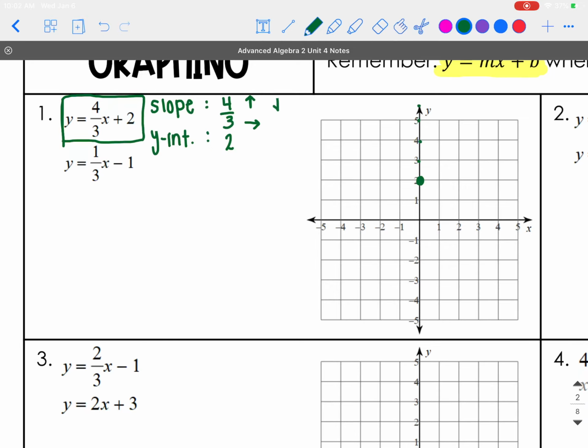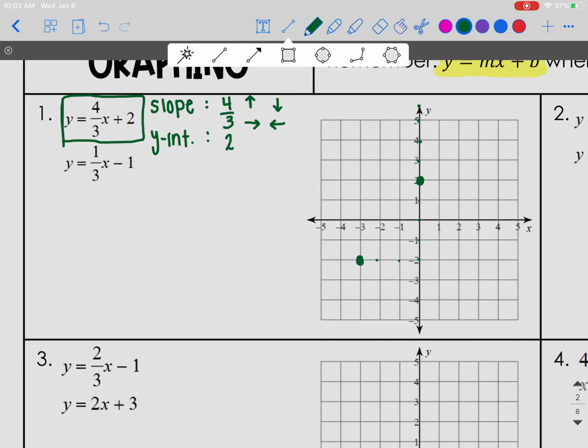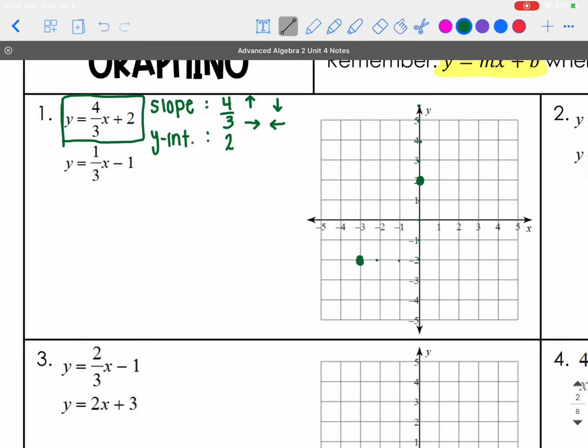So this becomes a down and a left. So we're going to go down 4, left 3, and put a point. And then we can connect those. And we get a line.